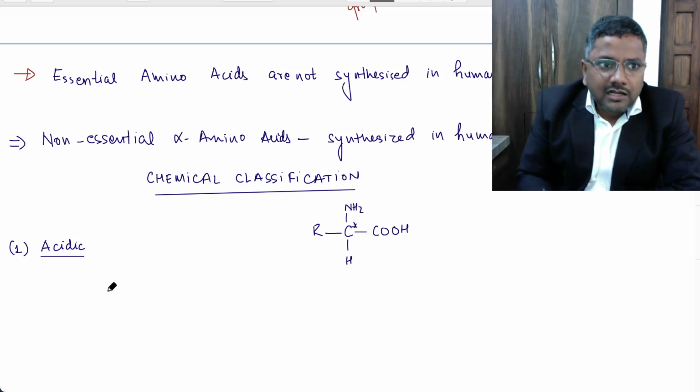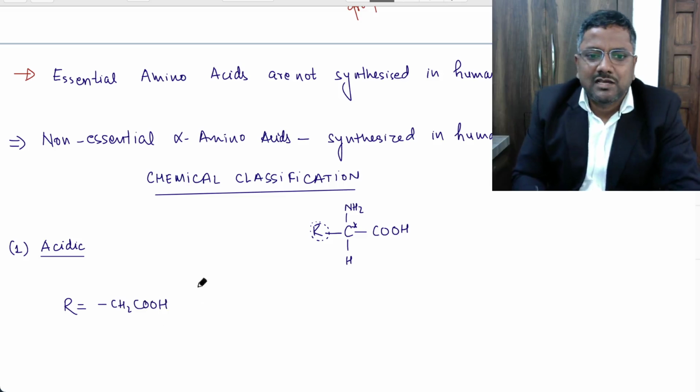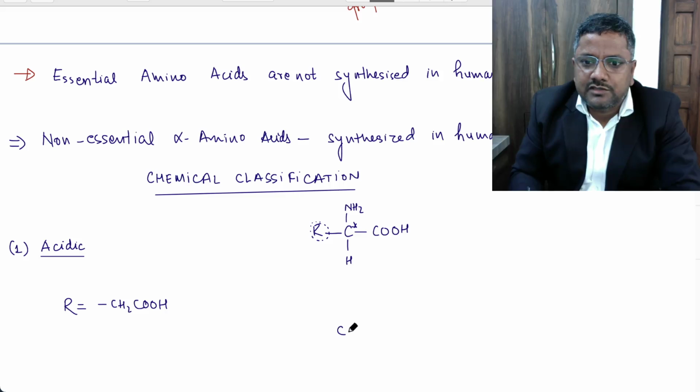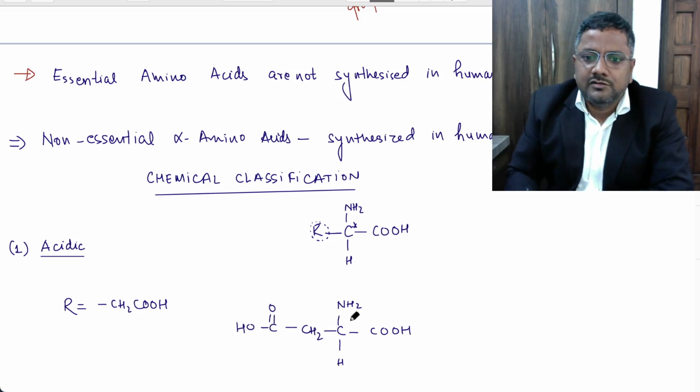If R is equal to CH2COOH, put CH2COOH here. So you have COOH, the fixed skeleton, and CH2COOH, right?